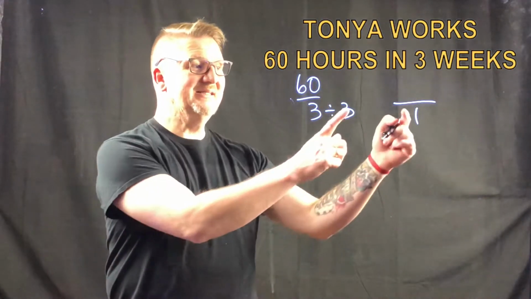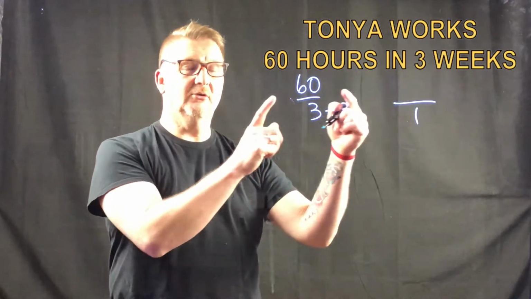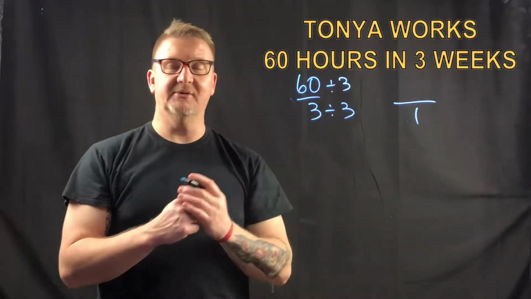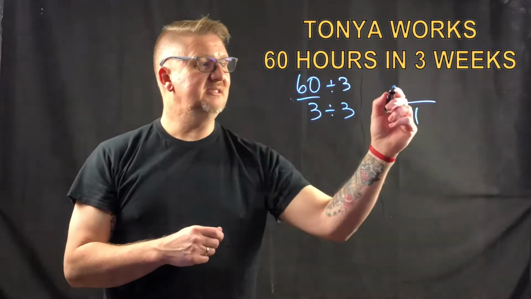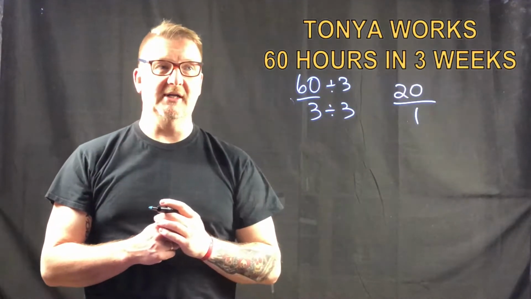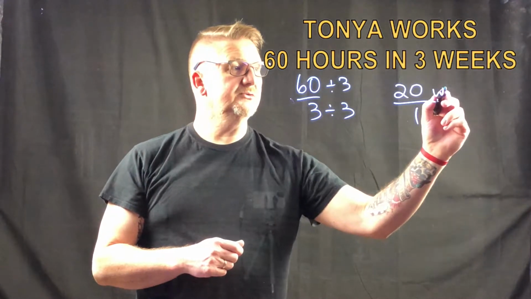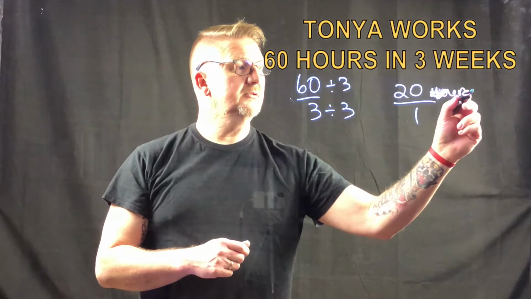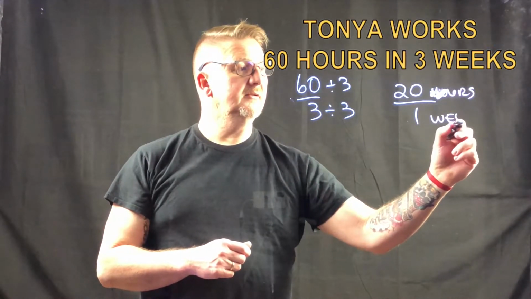Once again, I'm trying to maintain this as an equivalent ratio or equivalent fraction to this number. So I have to do the same thing to the top and divide by 3. 60 divided by 3 is 20. So Tanya works 20 hours every 1 week.